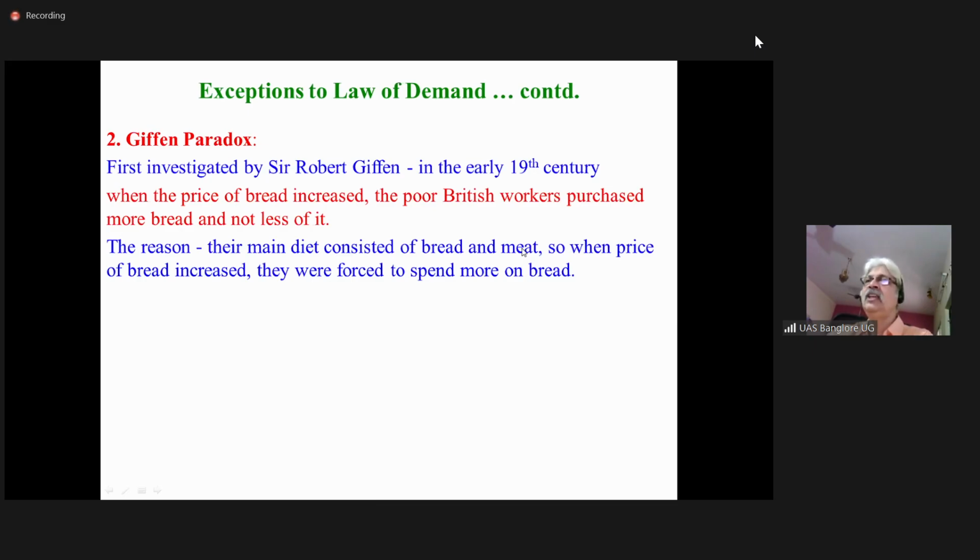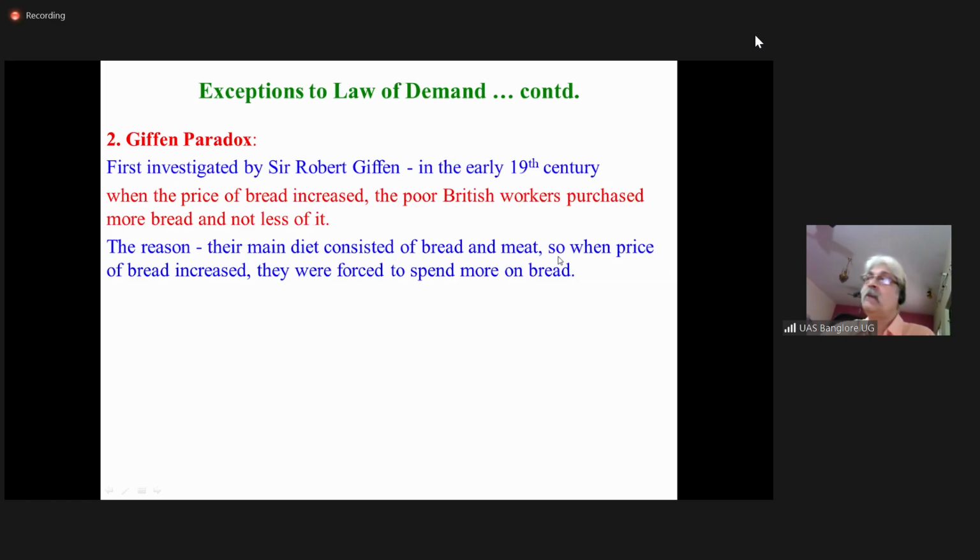Every day they used to eat bread with meat. But when the price of bread increased, their real income decreased. When their real income decreased, they could not afford to purchase meat. It was difficult for them to purchase meat. So they had to fill their belly.